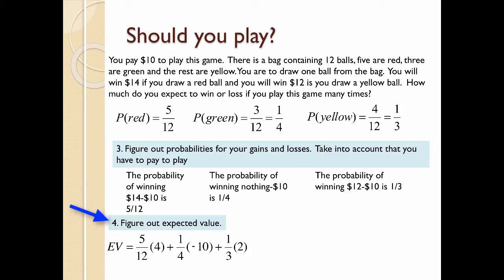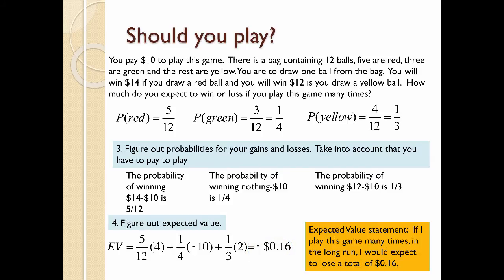Remember, $2 is what we come out with if we draw that yellow ball. Turns out if you play this for a long time, many times, you stand to fall behind by a total of 16 cents. So you can decide based on that whether it's worth your time and money over the long run to play this game.